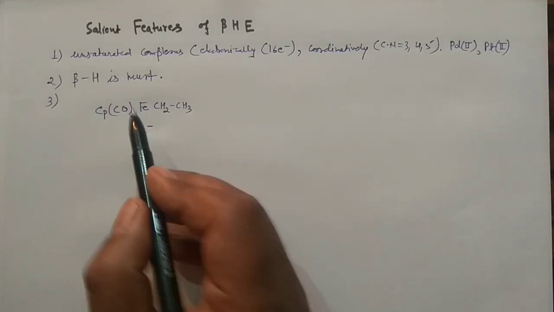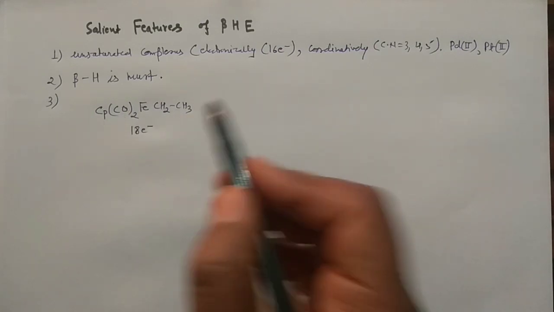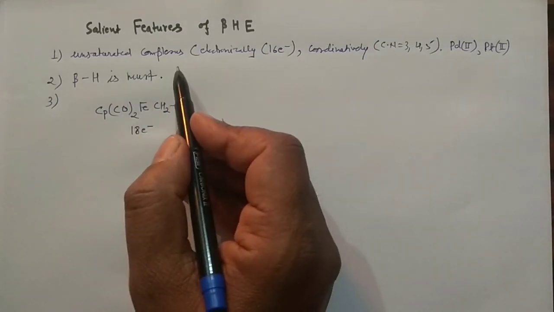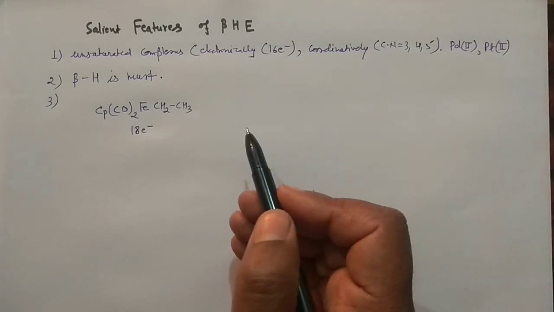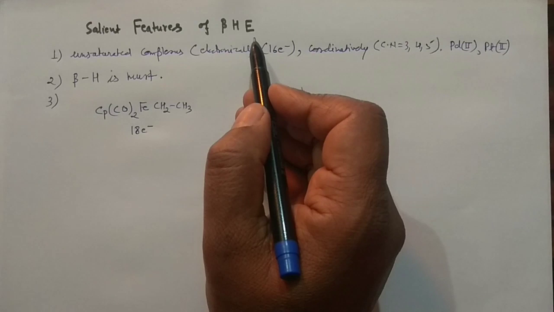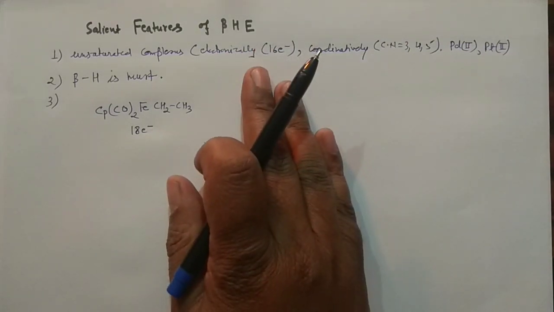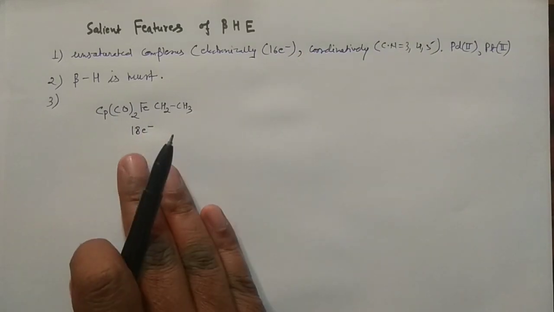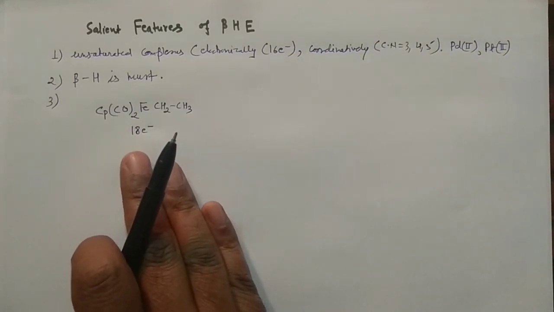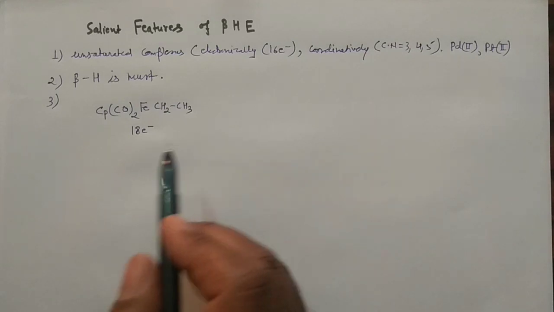This complex may lose one ligand to attain unsaturation, so that it can have a vacant site, and this vacant site can facilitate the beta hydride elimination reaction. Instead of 16 electron species, 18 electron species can also undergo beta hydride elimination reaction, but only by removing one of the ligands to attain the vacant site.